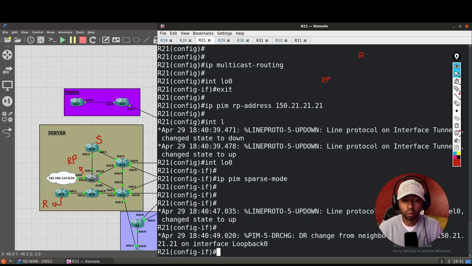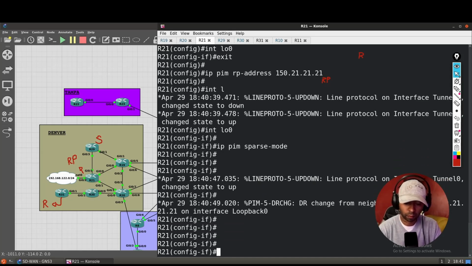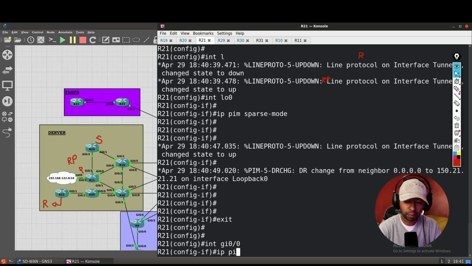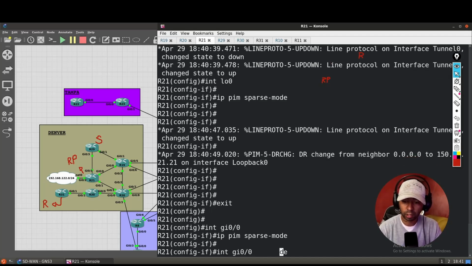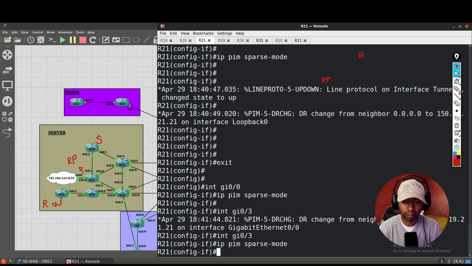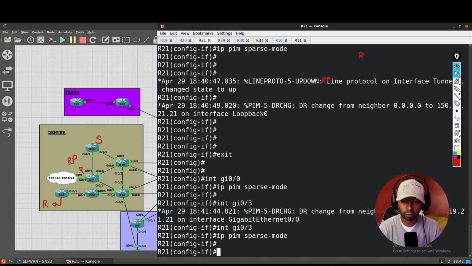We are not going to work with gigabit 01 on both sides. We are going to enable PIM sparse mode on these two interfaces: interface gigabit 000, ip pim sparse-mode, and also 03, ip pim sparse-mode. Really good.